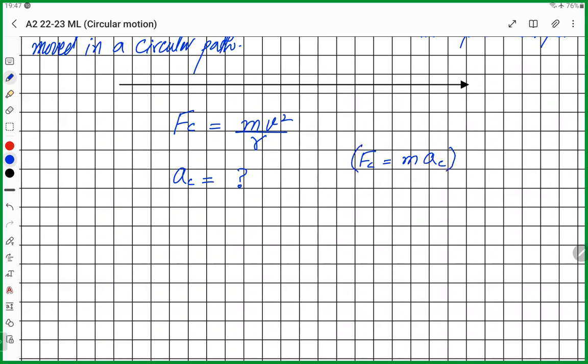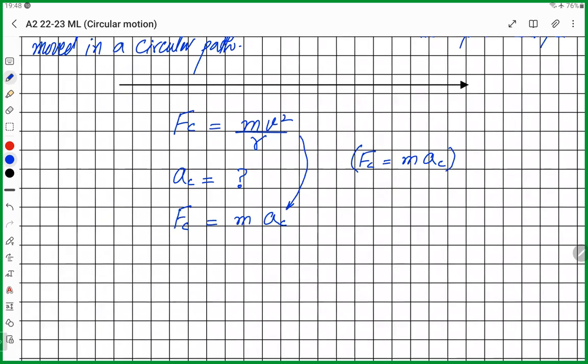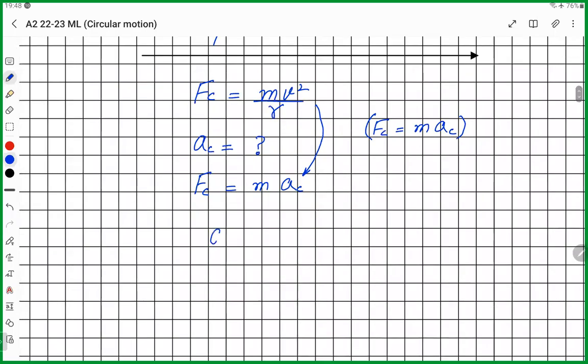We can compare that to find the centripetal acceleration. Fc equals m ac. Compare. Centripetal acceleration should be equal to v square over r. So this is the formula for centripetal acceleration.